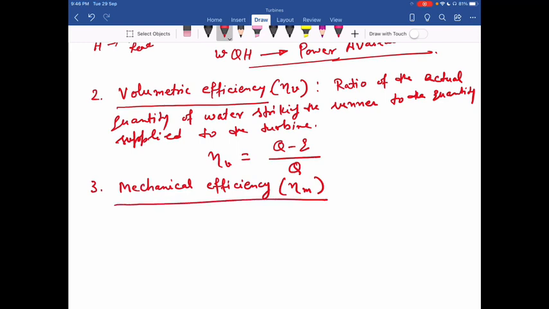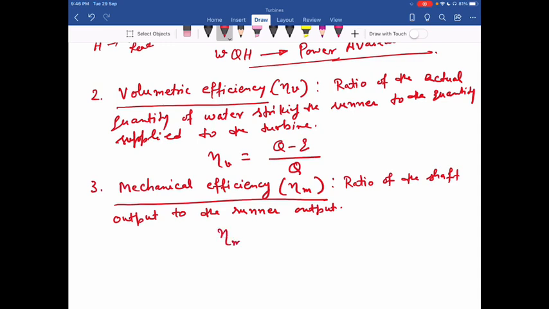This efficiency accounts for the mechanical losses, and it is the ratio of the shaft output to the runner output. So eta m is shaft output divided by runner output.